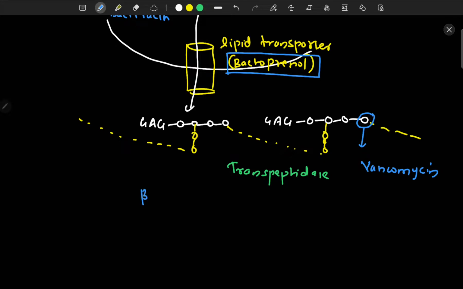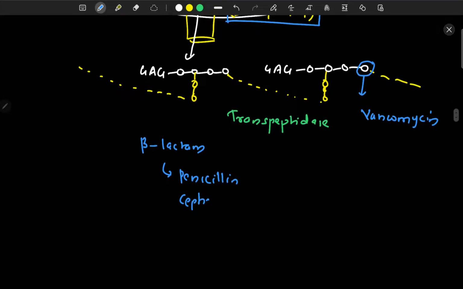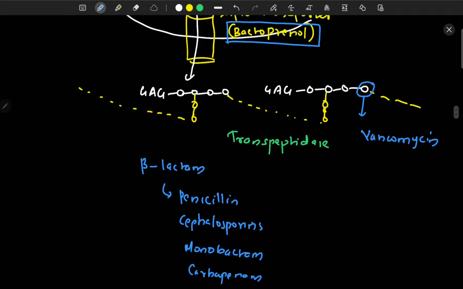Now there is another drug group called the beta-lactams: penicillin, cephalosporin, monobactam, carbapenem. These beta-lactams go and block the transpeptidase enzyme, so that they directly block the cross-linking.